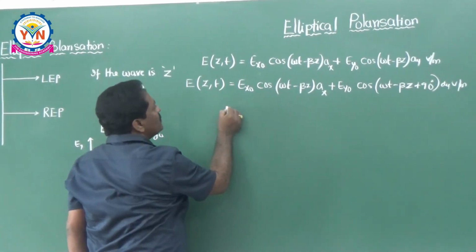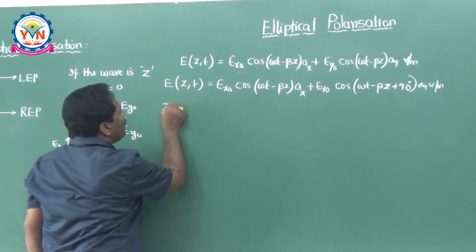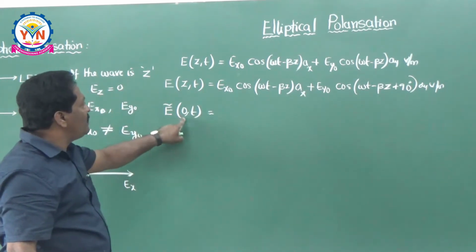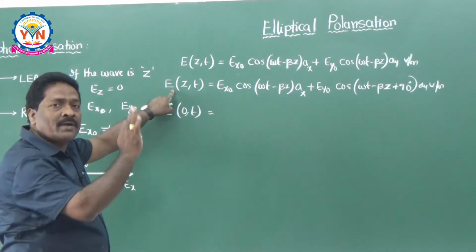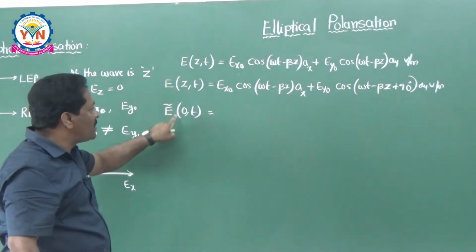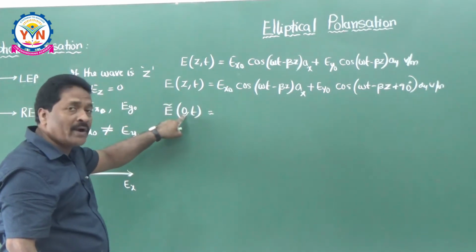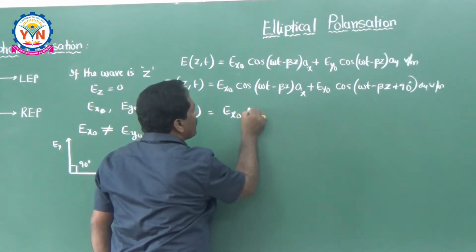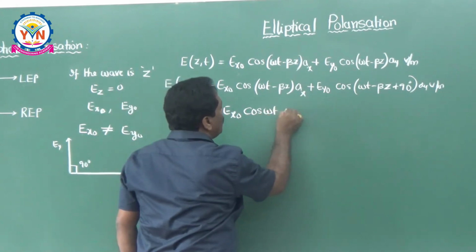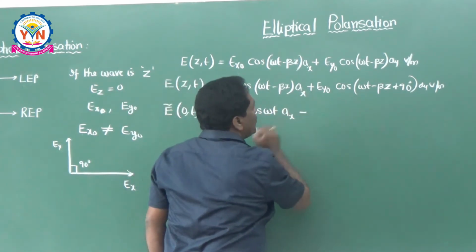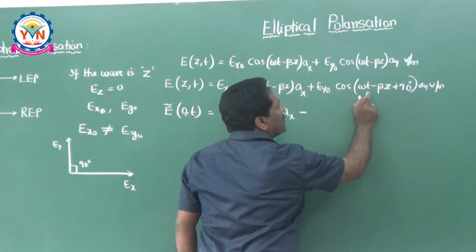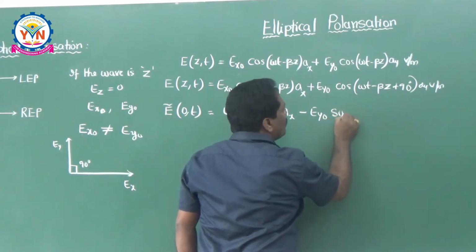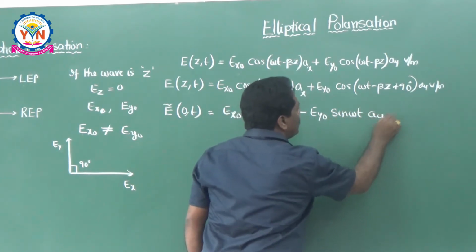Now, this gives E bar of 0 comma t, because I have to observe the variation of electric field intensity at a particular point in space, that means at the z equal to 0 plane, that is the xy plane. It will have Ex naught into cos omega t into Ax minus, because cos of 90 plus theta is nothing but minus sin theta, minus Ey naught into sin omega t into Ay.